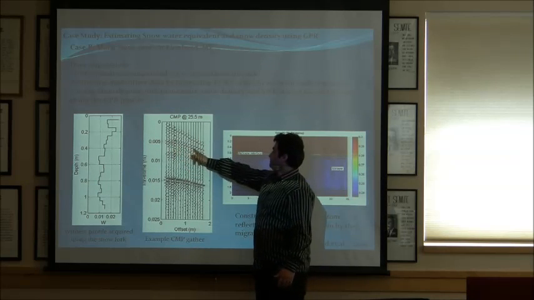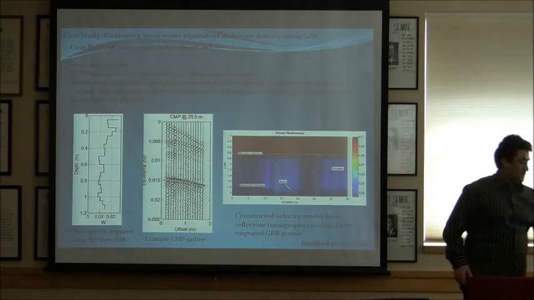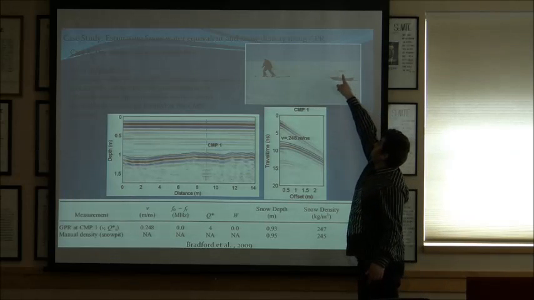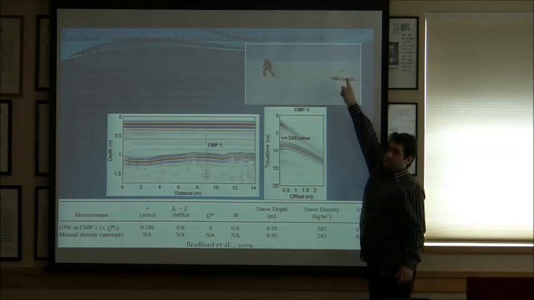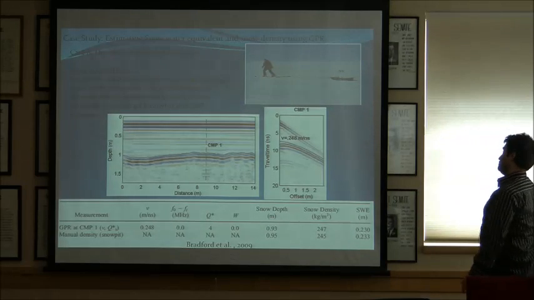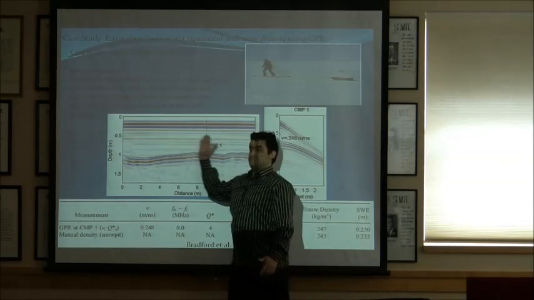Here you can see, and they made a smart thing. If you notice in the picture here, they uplifted the instrument. Why did they uplift the instrument? Why didn't they do that in the dry snow? Because with dry snow, they assume homogeneous snow.